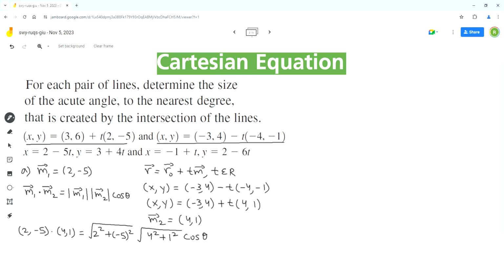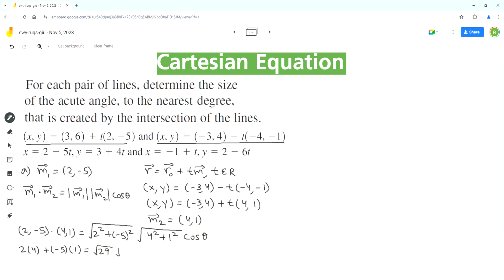Now we can do the dot product on the left side. So we should multiply the x and y components. And on the right side, under the first square root, we get 29 because 2 squared is 4, -5 squared is 25, and 4 plus 25 is 29.